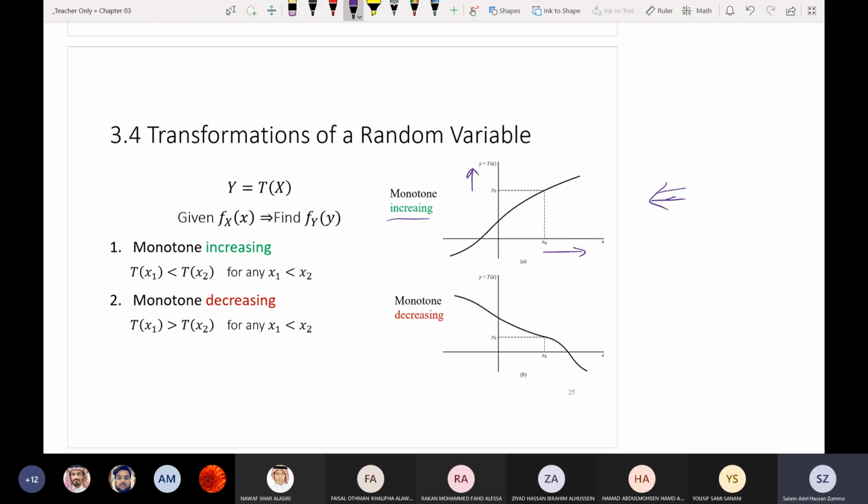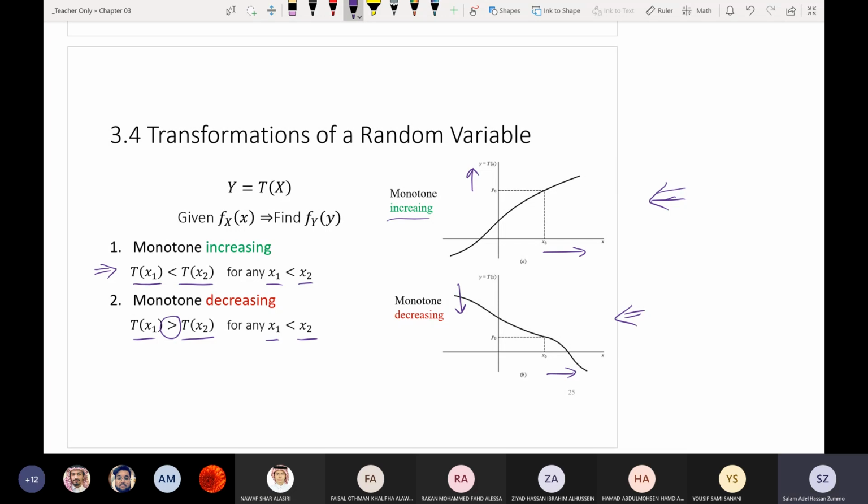And the mathematical notation is for x2 larger than x1, T of x2 is larger than T of x1. Monotonically decreasing is the opposite, as in this figure. Whereas X increases, Y decreases. So for x2 larger than x1, T of x2 is smaller than T of x1.